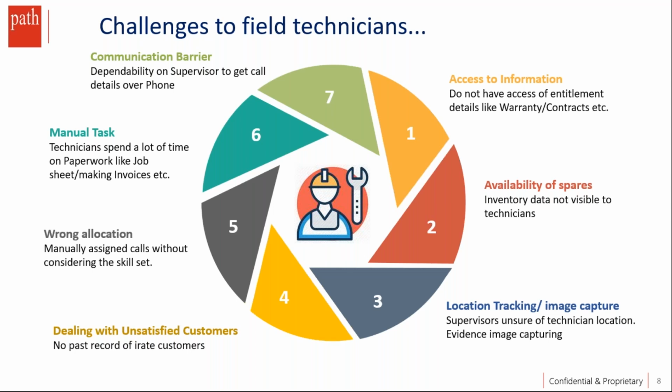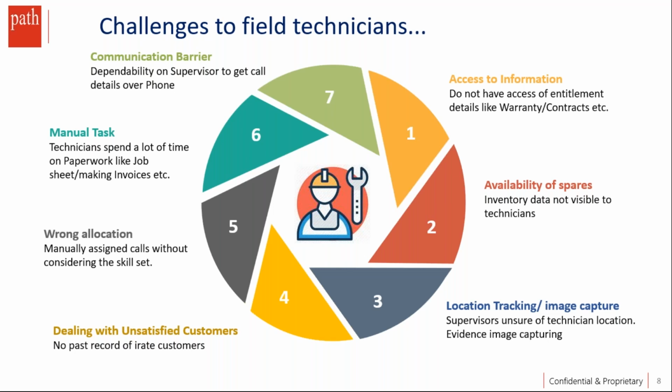This distrust generates because supervisors do not know where exactly their technician is. If you have location tracking or image capturing as evidence, of course, this will create more trust in the processes.